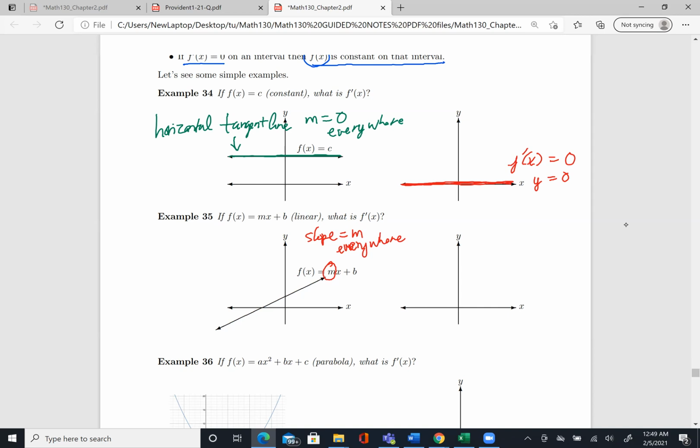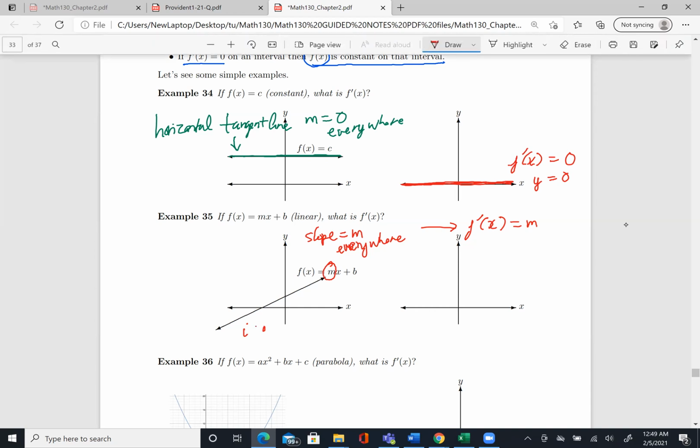So since the slope equals m everywhere, that means what? That means the function f'(x) is going to be equal to m everywhere, right? And also remember that since this is an increasing line, the slope has to be greater than 0.